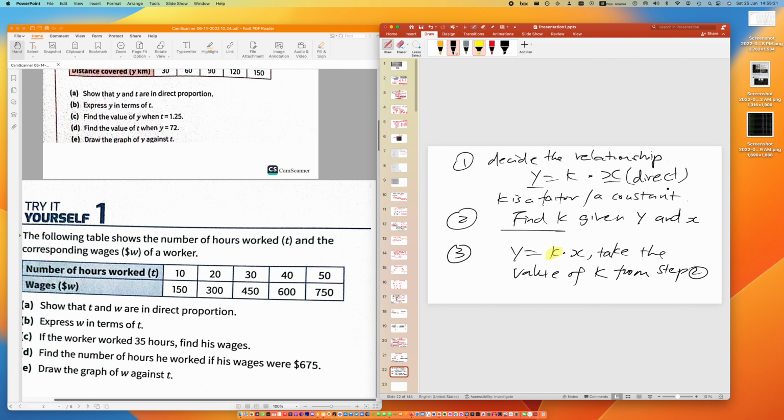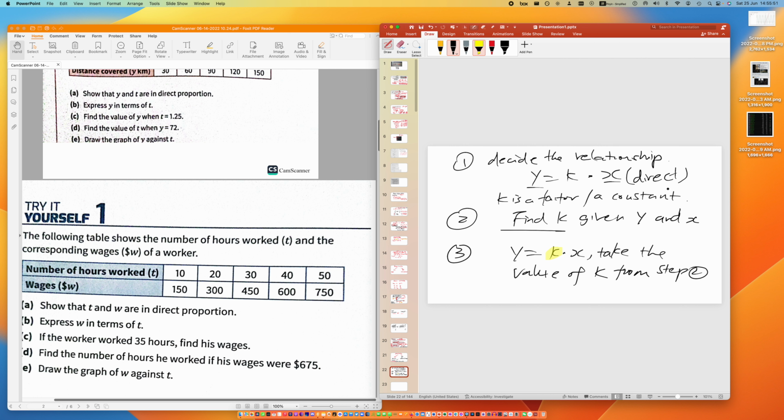So here you start with what? W. Can you speak fast? Don't give me one word at a time. What do you start with? W equals to 15. What do you start with? This one you start with y equals to kx. This one you start with what? Read there lah. You read here.